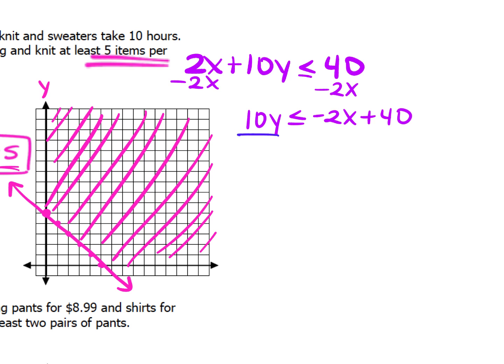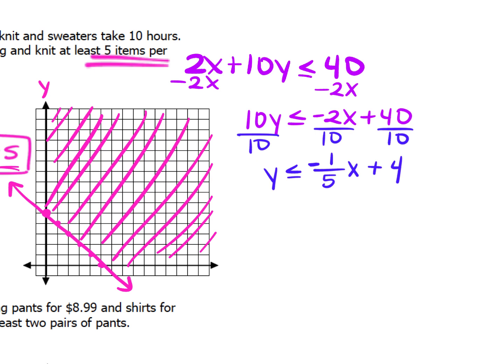And then you're going to divide by 10. Okay, so y is less than or equal to, what is negative 2x over 10? What's your slope? Negative 2 over 10 is what reduced? 1 over 5 times x plus 4.